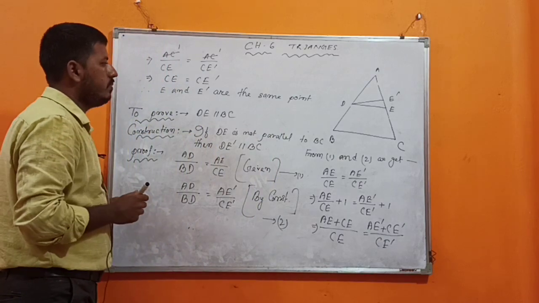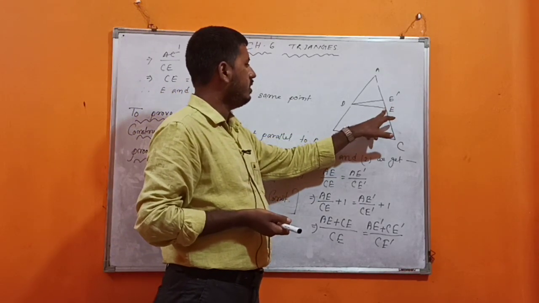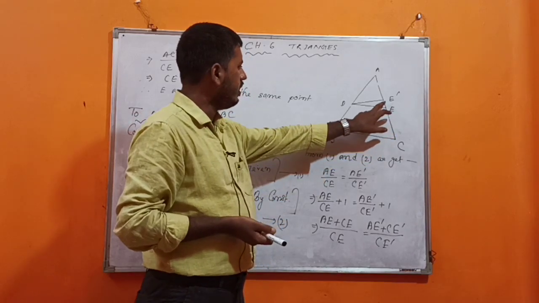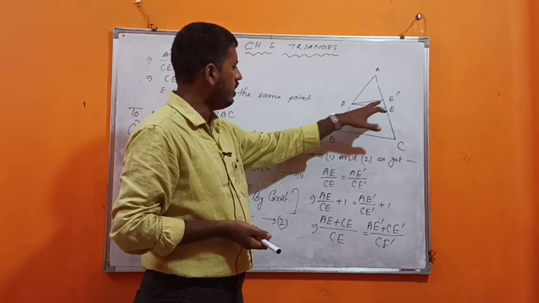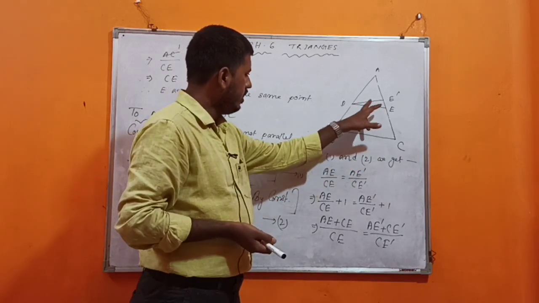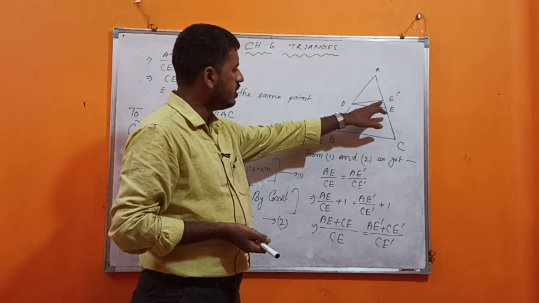E and E dash are the same point means these two points are coinciding with each other, and E and E dash are the same point means DE is parallel to what? BC, because DE dash we have considered is parallel to BC, and now we are getting that E and E dash must coincide.